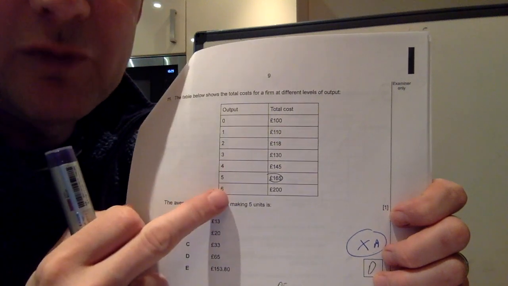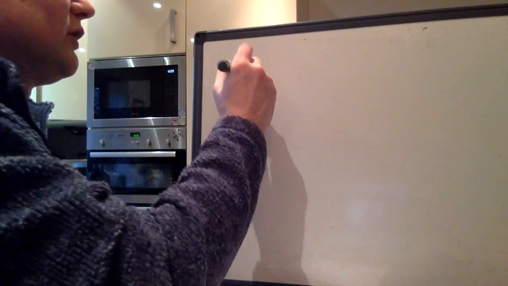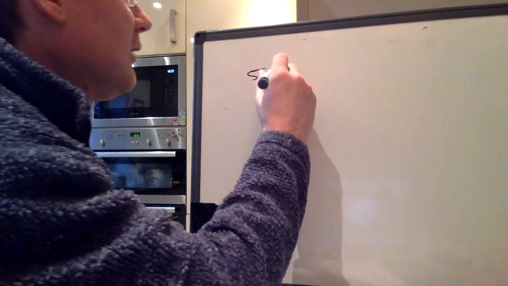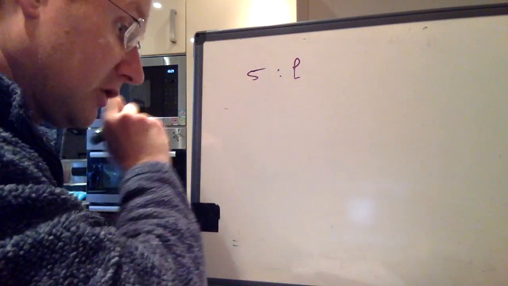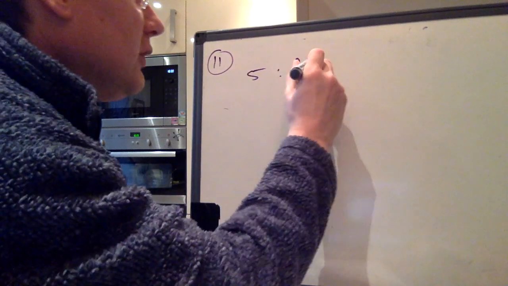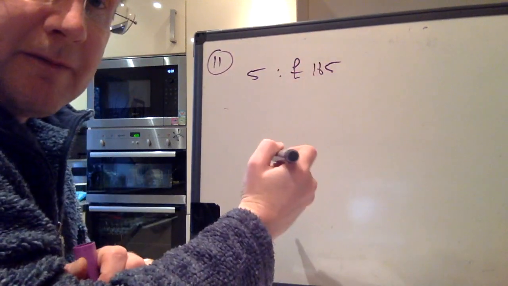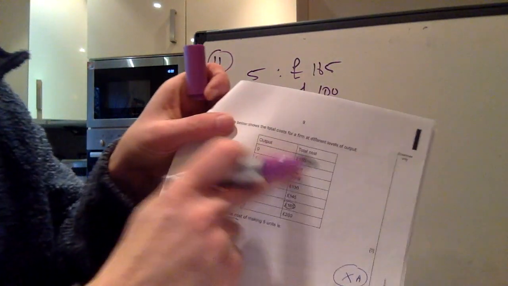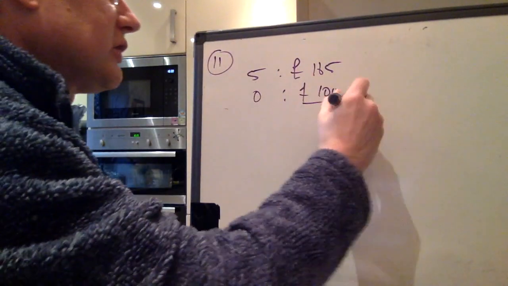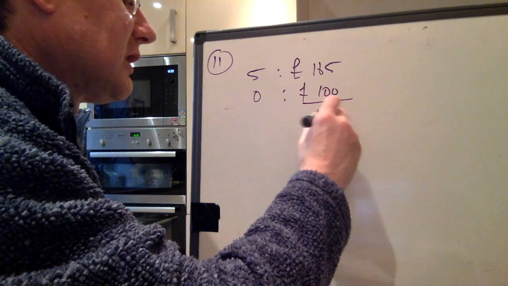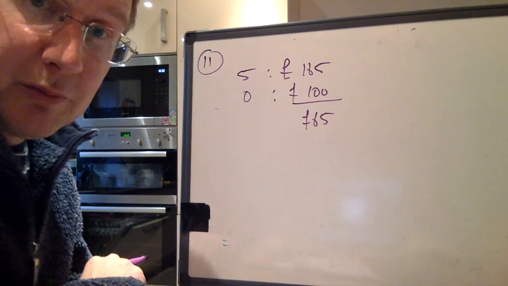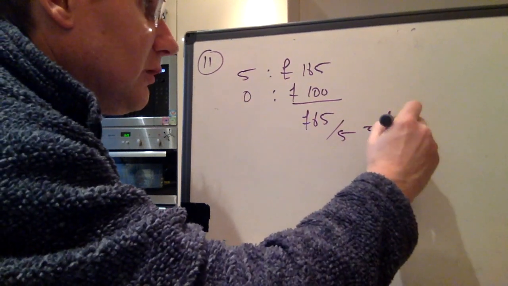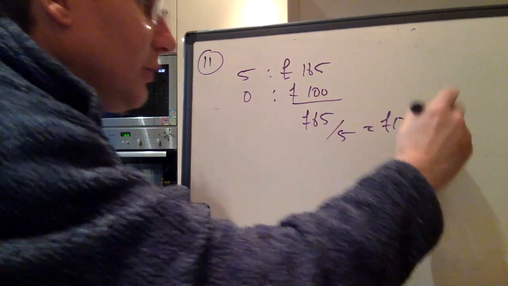For 5 units, it's £165. For 0 units, costs are £100, so 0 units is the fixed cost. Therefore my variable cost is £65, which is true, but that's total variable cost. If you then divide by 5, that gives you £13 per unit.